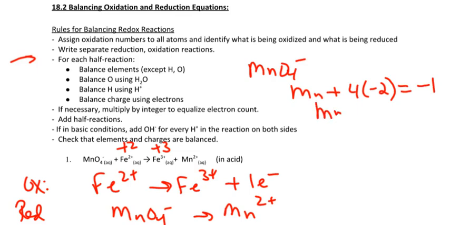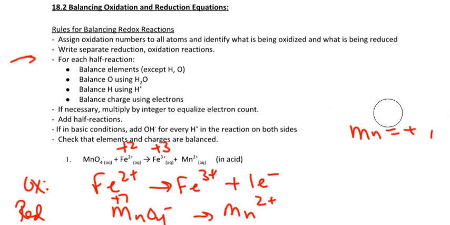So Mn minus 8 equals -1, Mn equals +7. So that's the oxidation number of manganese. This is +7, and the ion right here is +2. So obviously I did find the right one. It is being reduced from +7 to +2.